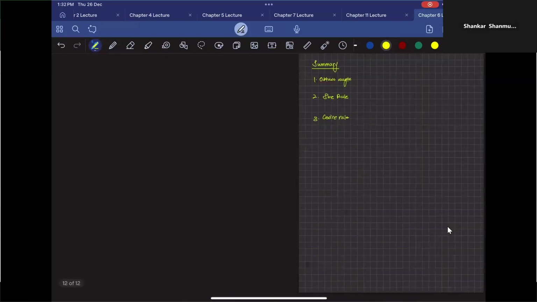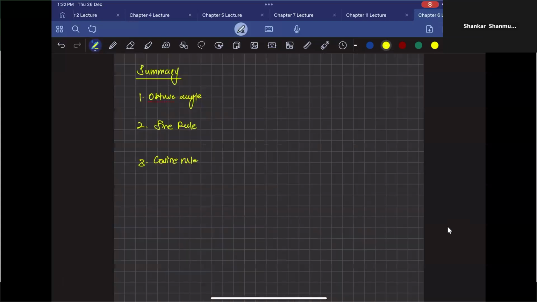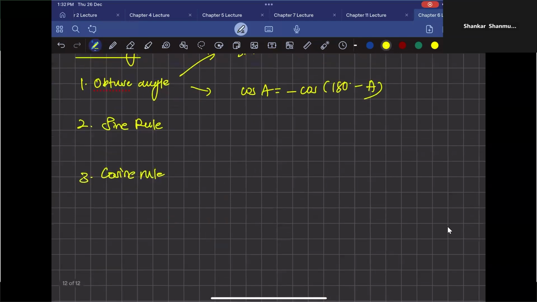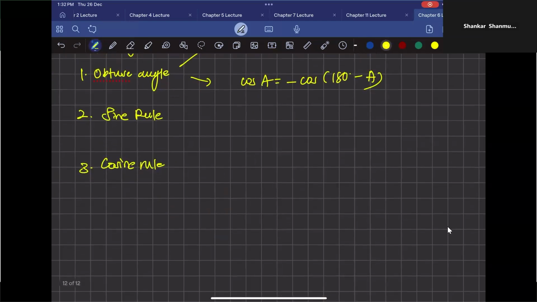So that marks the end of this chapter. Let's do a quick summary. We have learned obtuse angle, you have two different formulas. Sine A equals sine of 180 minus A, and for cosine it's just a negative sign in front: cos A equals negative cos of 180 degrees minus A. Then, wait, I missed out.